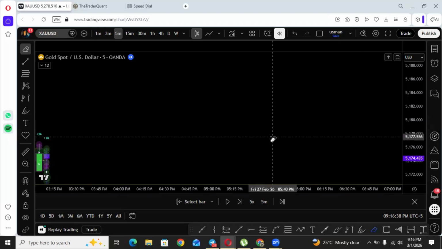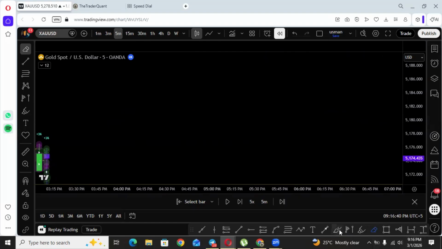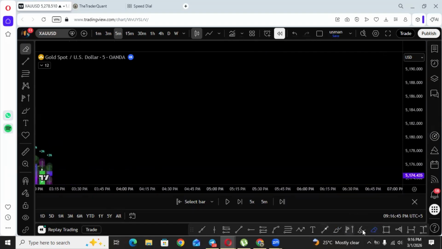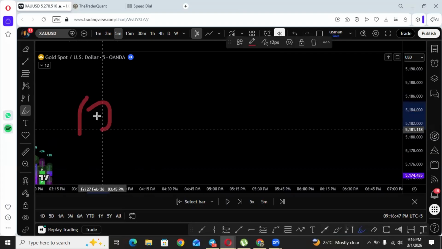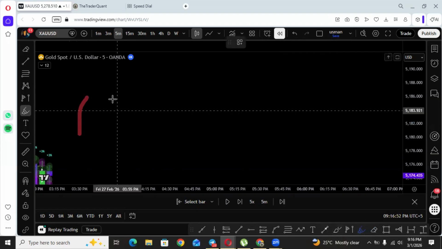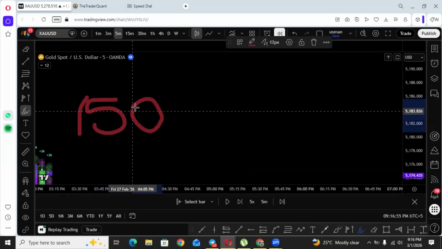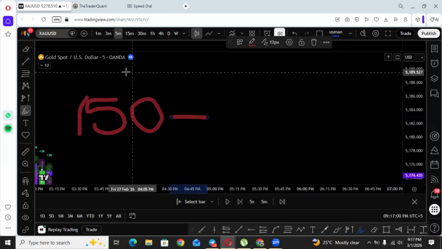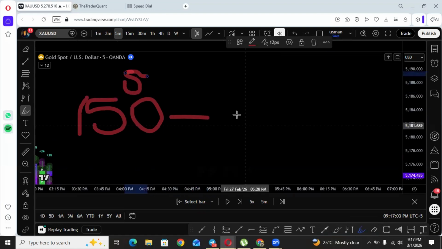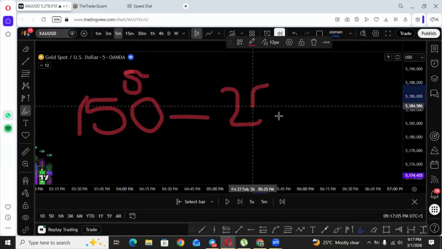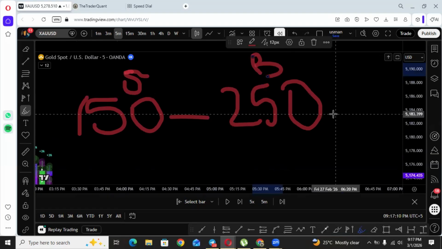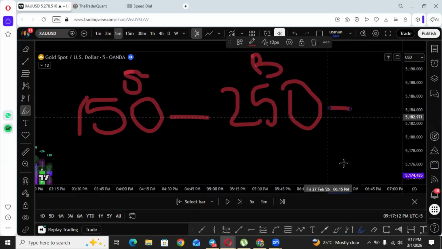And there is another type of imbalance: if there are 150 sellers at a certain price level and 250 buyers at that price level, a bullish imbalance will form.